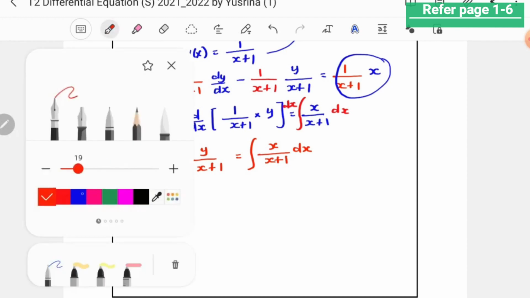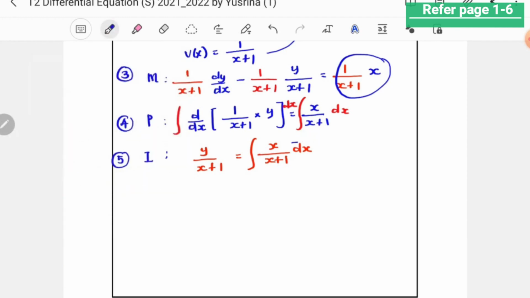Maybe we can use long division first. x over (x plus 1) gives 1 with remainder negative 1, so we get 1 minus 1 over (x plus 1).